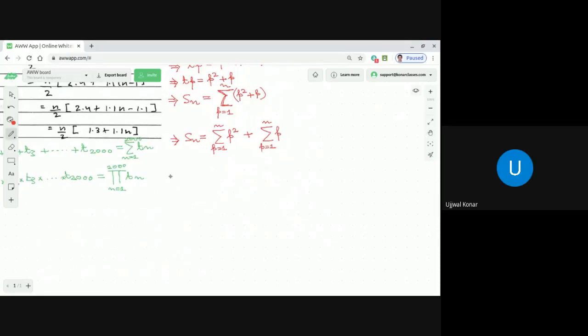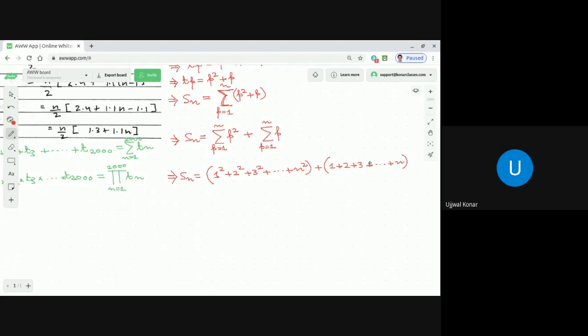Now let's apply these values. P equal to 1, it is 1 square. P equal to 2, it is 2 square. P equal to 3, it is 3 square. So 1 square plus 2 square plus 3 square up to the last term n square. Correct or not? Plus 1 plus 2 plus 3 plus dot dot dot up to n.